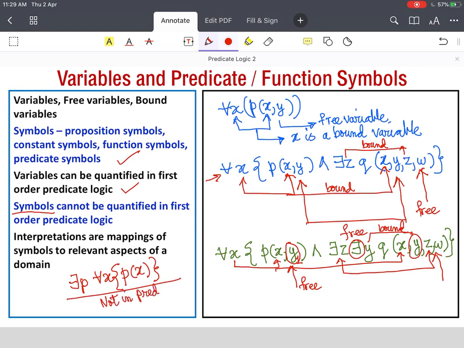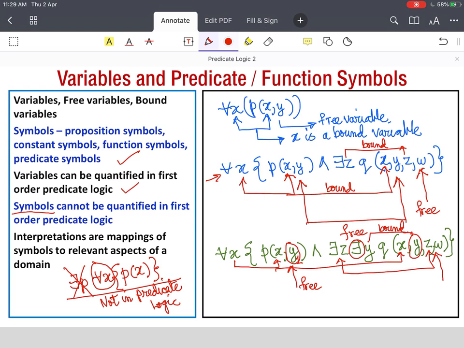This is not in predicate logic. Whereas we can bind variables by quantifiers, we cannot bind predicates or any other function symbols by quantifiers. We cannot write there exists or for all with a predicate or a function symbol.